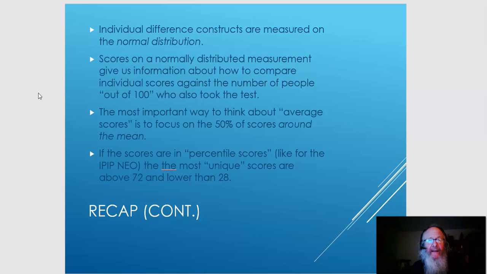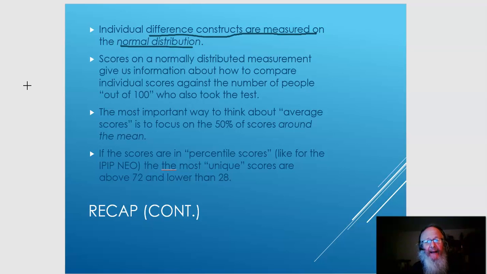When we're talking about psychological constructs, individual difference constructs are measured on the normal distribution. Scores on a normally distributed measurement give us information about how to compare individual scores against the number of people out of 100 who also took the test.